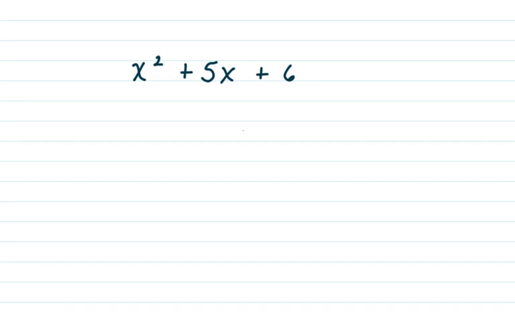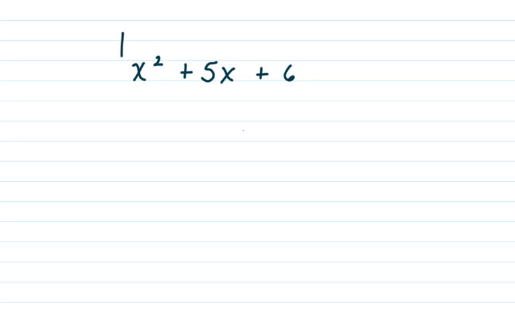Okay, so what I meant by a trinomial when a is equal to 1 is this. So this is a trinomial because it has 3 terms: 1, 2, 3. That makes it a trinomial. This trinomial is special because, and I'm not sure if you've learned this yet, every one of these trinomials has coefficients that are lettered.